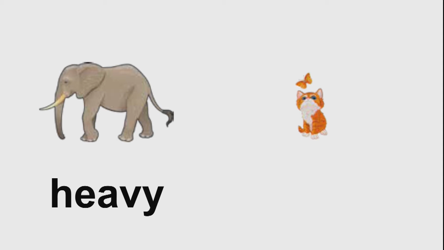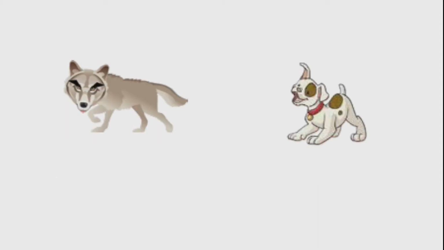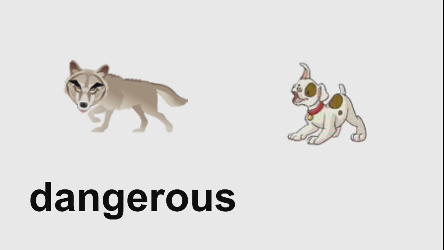No, it's hard. How about the butterfly? It isn't heavy, it's very light. Heavy and light. A wolf is very dangerous. Dangerous. And a puppy, is it dangerous? No, it isn't. It's nice. Dangerous, nice.